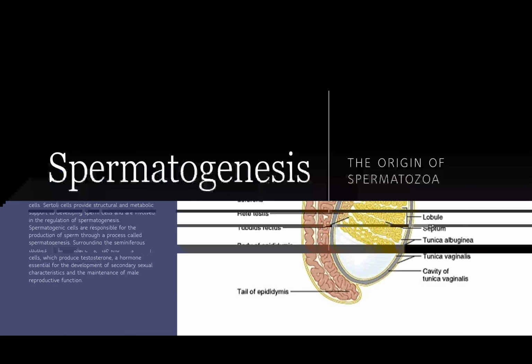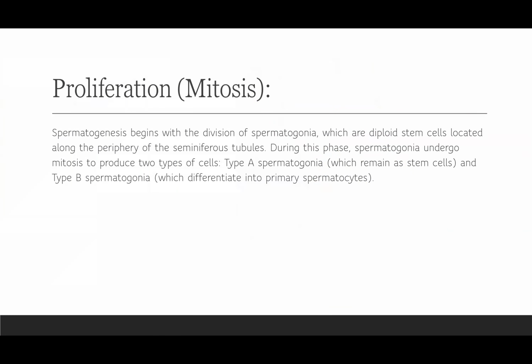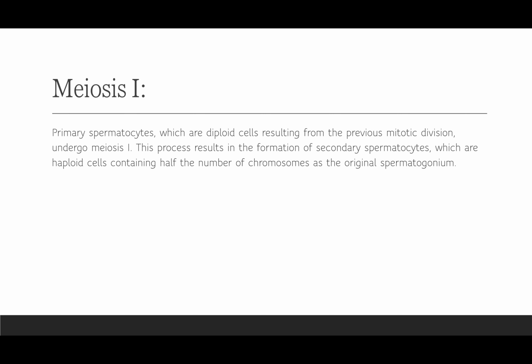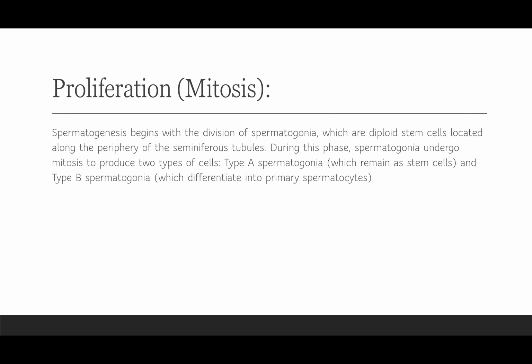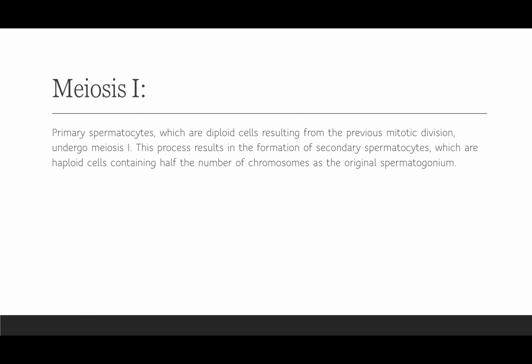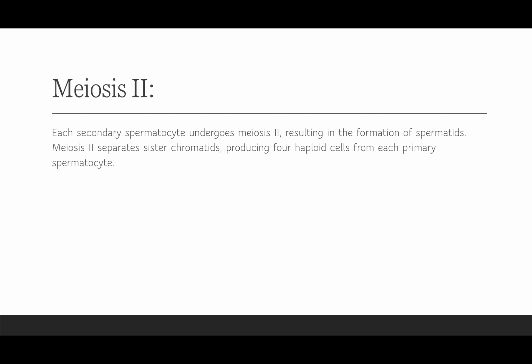So the first thing we know is proliferation via mitosis to produce the different spermatogonia from one original primordial cell, right? Then the primary spermatocyte that comes from the mitosis of the type B spermatogonia goes through meiosis one to produce a secondary spermatocyte.